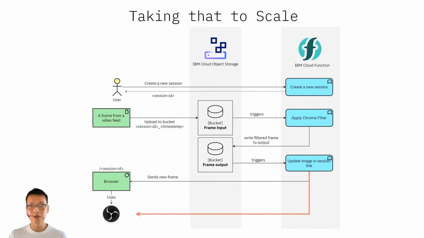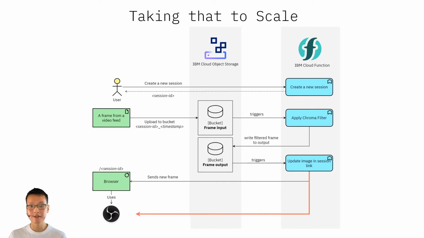The cloud object storage is set up to trigger an action or a series of actions in the IBM Cloud function. The frame input bucket, when it receives a new frame, triggers an apply chroma filter function. This function filters out the green color and writes the filtered frame into the output bucket.